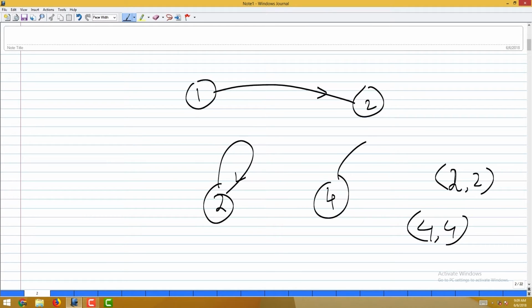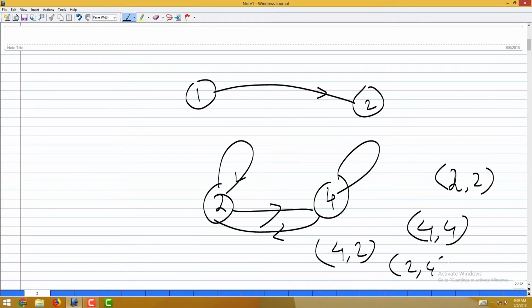When the edge 2 comma 4 is there, 4 comma 2 would be the opposite one. It is possible that both are available, 4, 2 and 2, 4, in a relation.